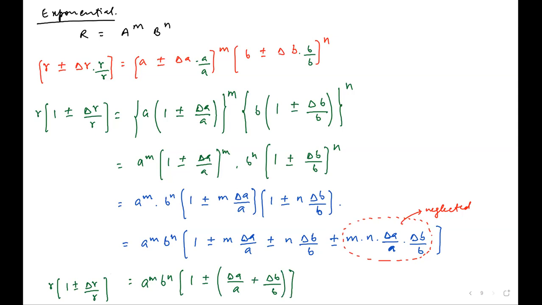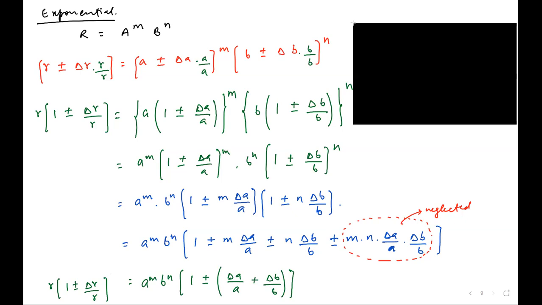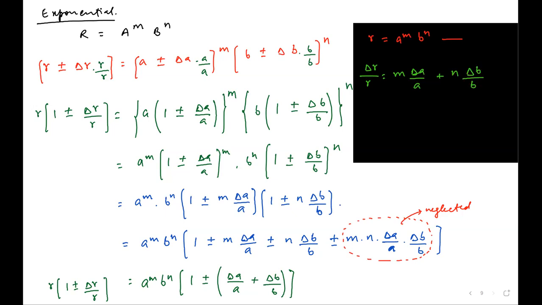Now on comparing these two terms on left hand side and right hand side, true part would be equal to a raised to m and b raised to n. Error part will be equal to m times delta a by a plus n times delta b by b.